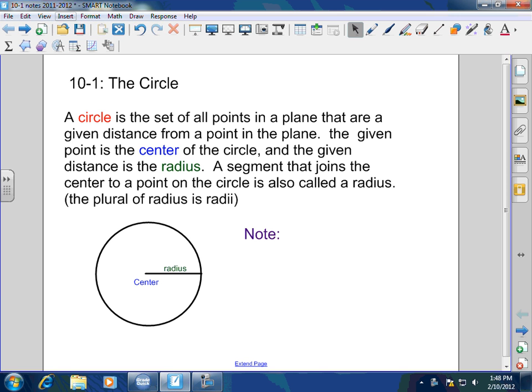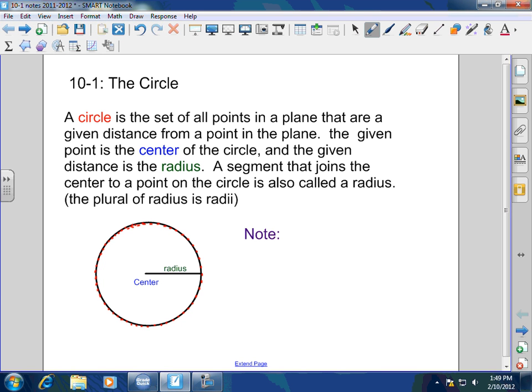So if you think about it, a circle is a set of points in a plane that are all a given distance from a point on the plane. Let's explain that real quick, just so you can visualize. This circle is made up of an infinite number of points along the edge of the circle, correct?